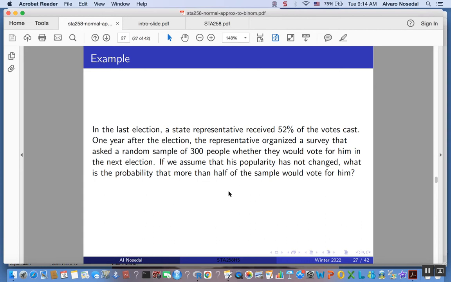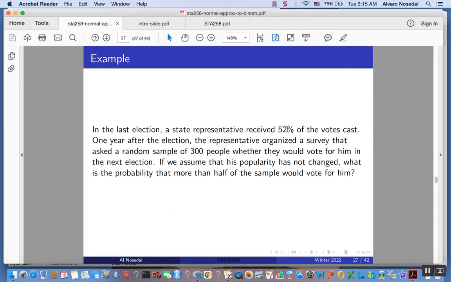Okay. Now, the probability that we want to find is the probability that p hat, meaning the sample proportion, is greater than 50%, if this guy's support hasn't changed. So we're going to be assuming that these observations come from a Bernoulli with parameter p equal to 0.52. Make sense? Okay.